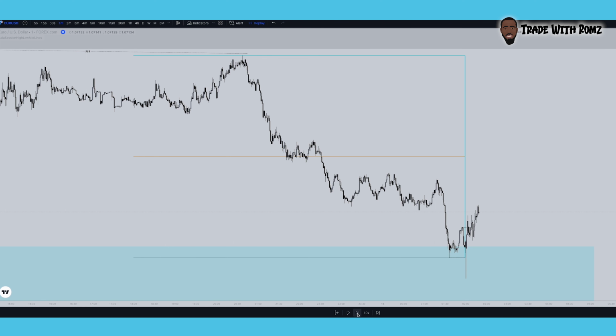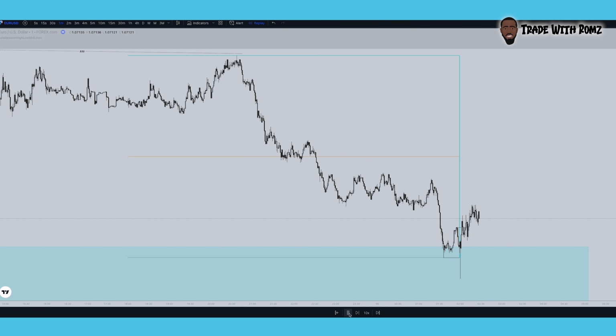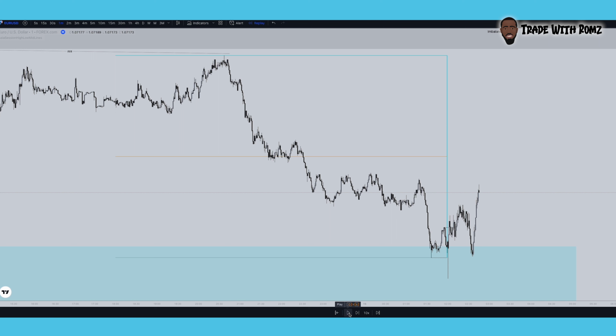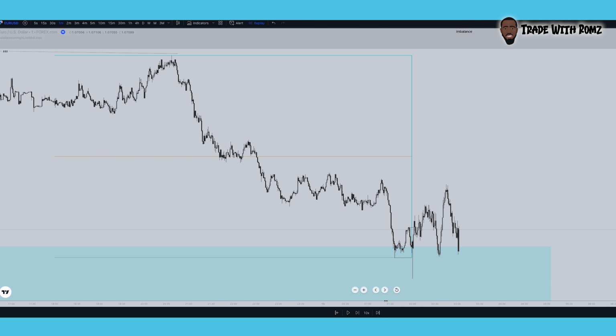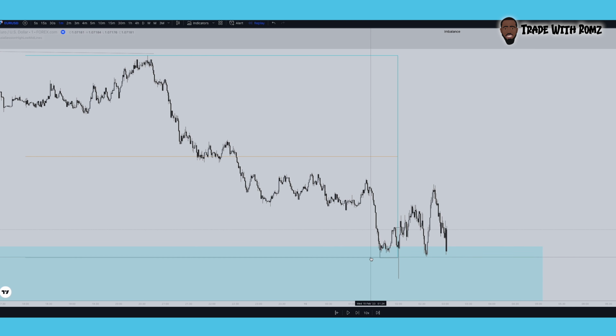So if I just forward through this, I'm going to explain my thinking. Cool. So if we look at this now, what actually happened was a sweep of liquidity, market structure shift, and then here, let me break this down for you guys, we've actually got this rejection block.